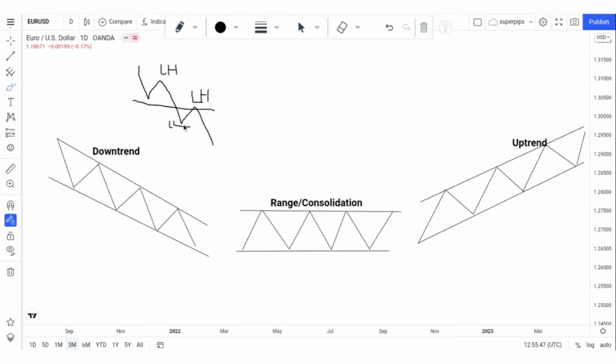If the market breaks again the previous lower low and comes to retest the lower low, it makes another lower high and another lower low, and that's how it goes.